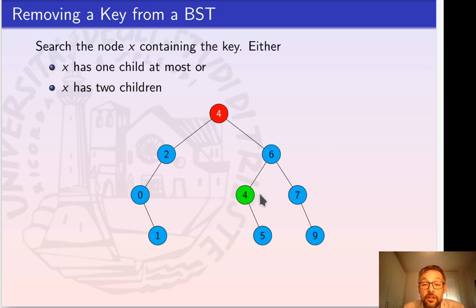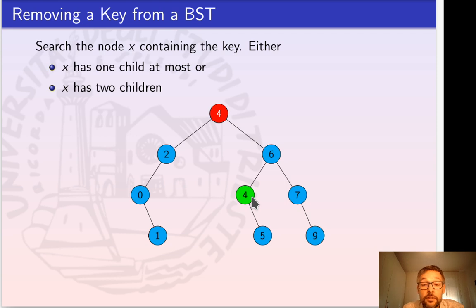This node can be easily removed because for sure it has less than 2 children. Why does it have less than 2 children? Because otherwise it couldn't be the minimum among all the values on the right subtree of this node. So since this is the minimum, for sure it has at most 1 child. Okay, and in particular it is missing the left child, and that's why it has at most 1 child.